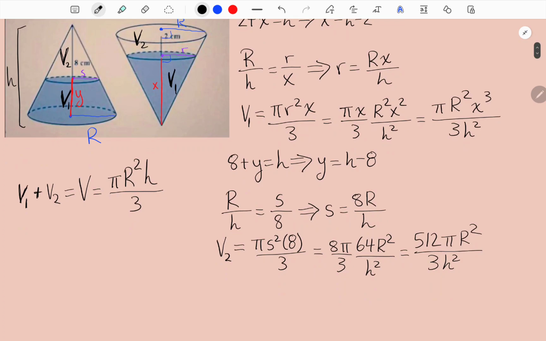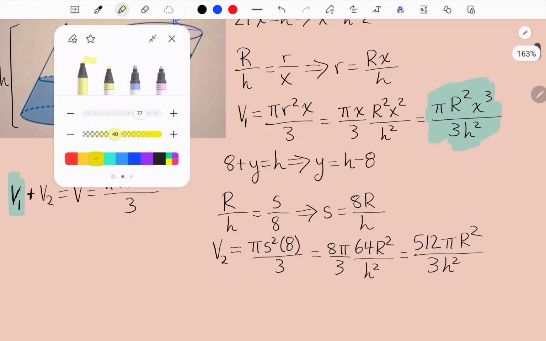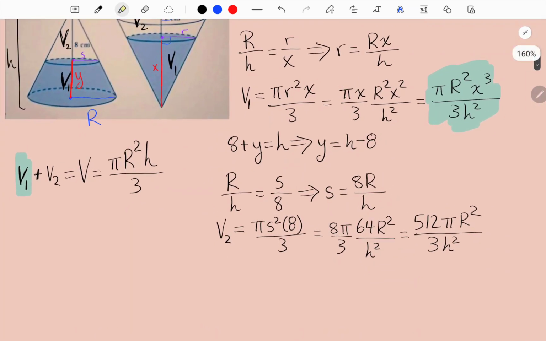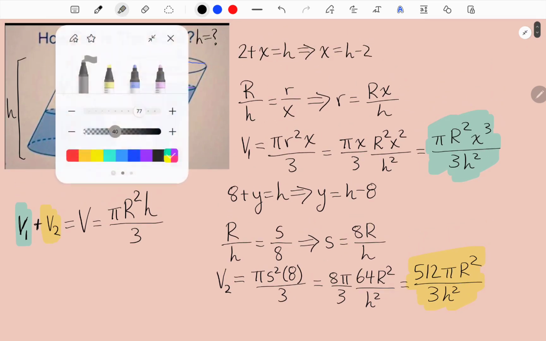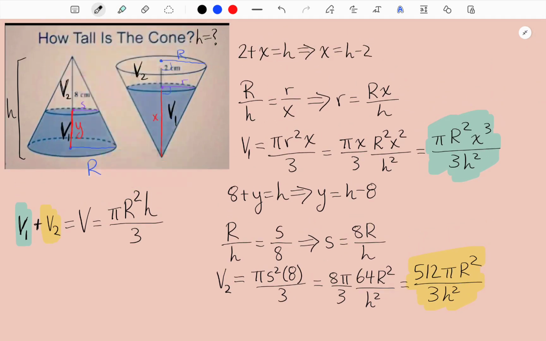So now we see here that we have volume 1 and we have volume 2. So volume 1 is all of this, and volume 2 is all of this. And it's really nice because volume 1 and volume 2 have the same denominators, 3h squared.